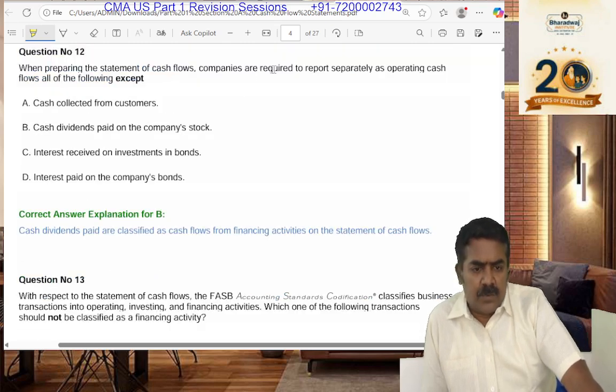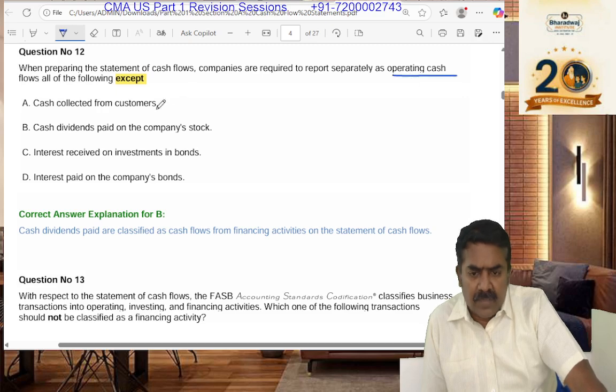When preparing cash flows, companies are required to report separately operating cash flows except... Cash collected from customers is operating cash. Cash paid as financing is not.